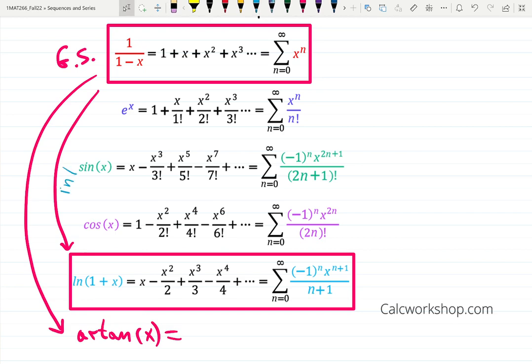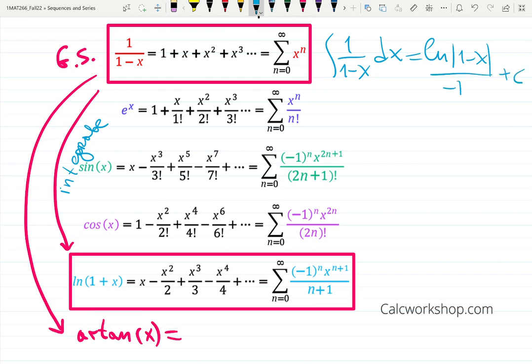If I integrate the integral of 1 over 1 minus x dx, it gives you natural log of 1 minus x, divided by a negative sign though, plus c. So from here we can find log with the plus with the same method we did before, and I'm going to show you right now how we're going to do it. So from the geometric series we have at least three basic formulas: arctangent, surprisingly, log, not surprisingly, and others are coming from a different formula.